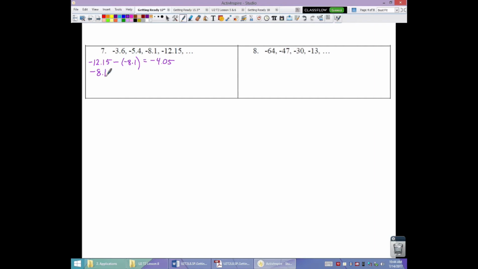Negative 8.1 minus negative 5.4 is negative 2.7, so not arithmetic.